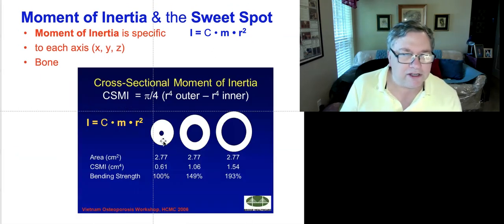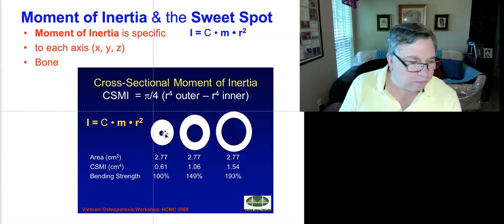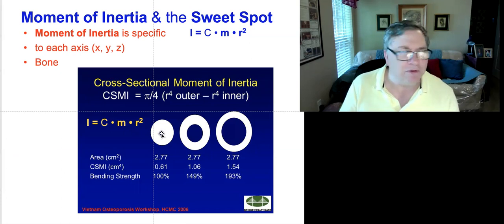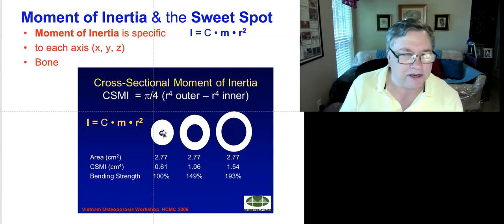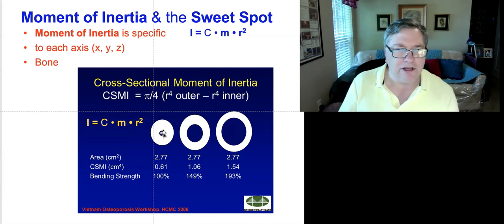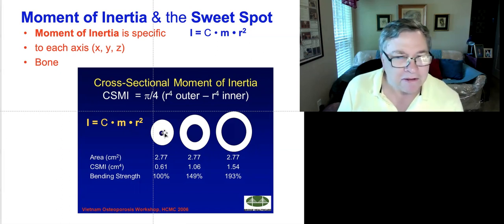So here's an example of three bones, and this happens during development. In children, the bone marrow is usually filled with red marrow, so it produces red blood cells, white blood cells, platelets, etc. In adults, it's usually yellow marrow in long bones, and that's mostly fat, if you're wondering.